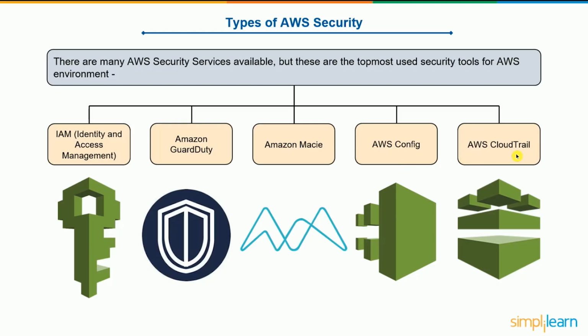And then you have CloudTrail. CloudTrail is all about logging every single type of API call that's made. So it'll always record the API call, who made it, from what source IP, the parameters that were sent with the API, the response, all that data, which is really a gold mine for you to investigate if there's any security threat.